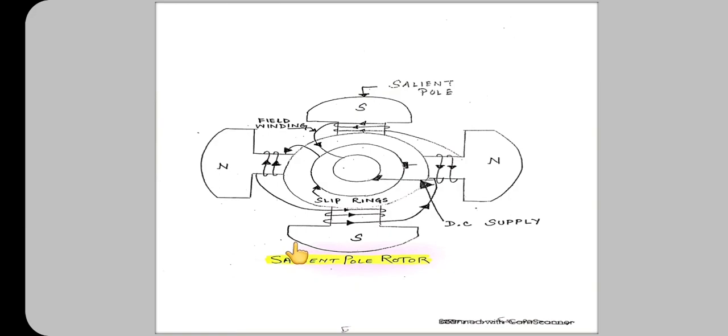In this type of rotor, salient poles are mounted on a large circular steel frame, as shown in the figure, which is fixed to the shaft of the alternator. The individual field poles are connected in series in such a way that when the field winding is energized by the DC exciter, adjacent poles have opposite polarities.